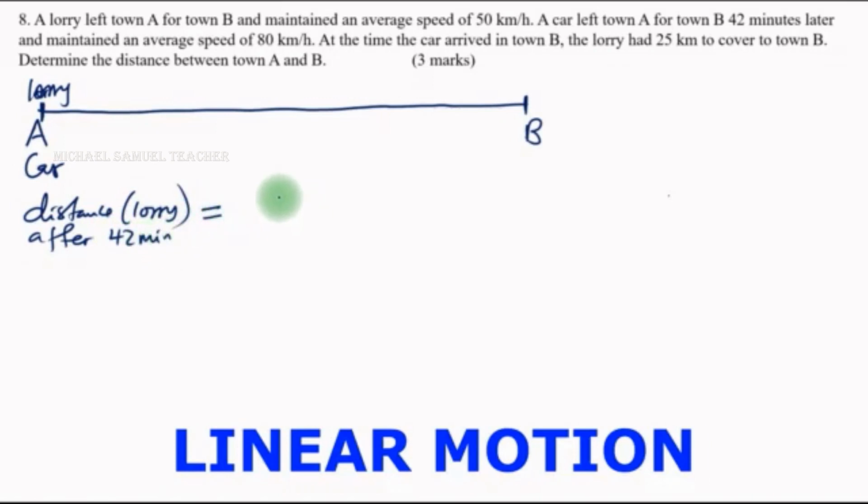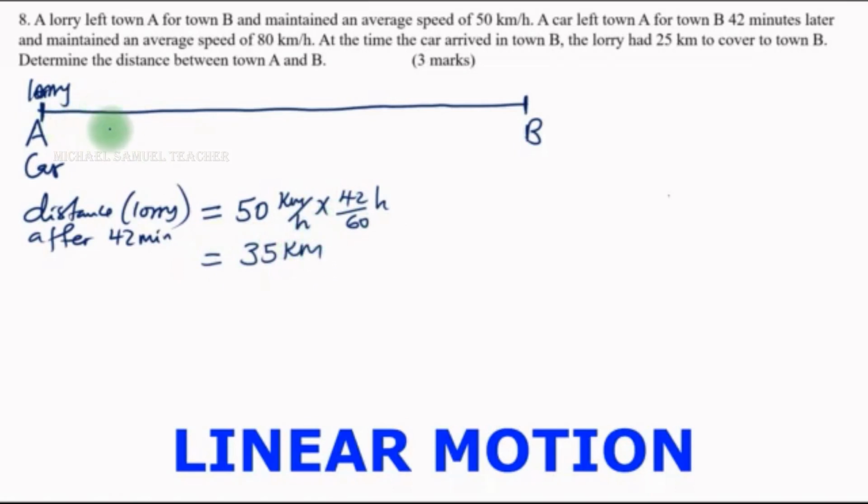So remember, distance is speed times time. So the speed of the lorry was 50 km per hour times the time, 42/60 converted to hours. So we shall end up getting 35 km.